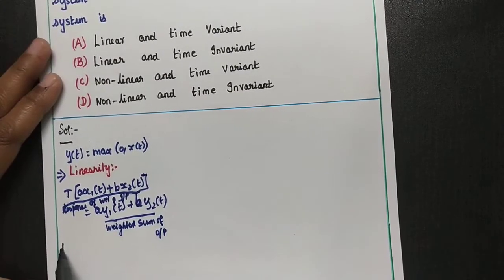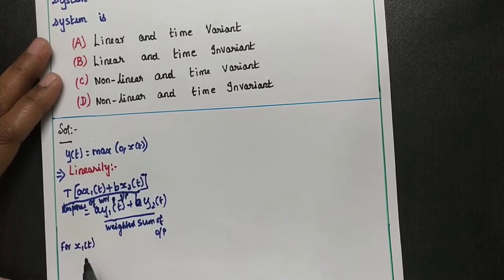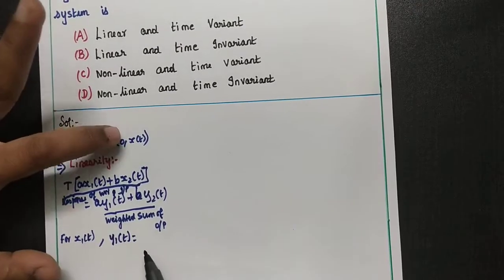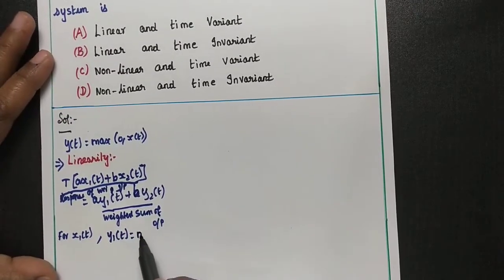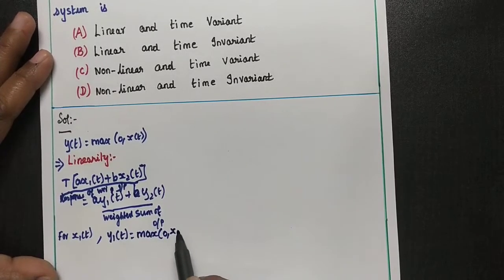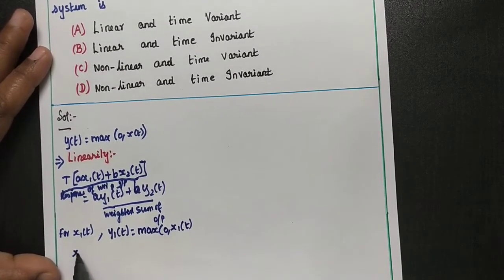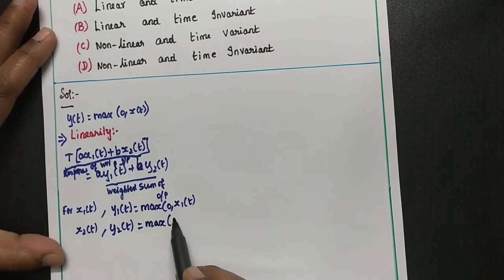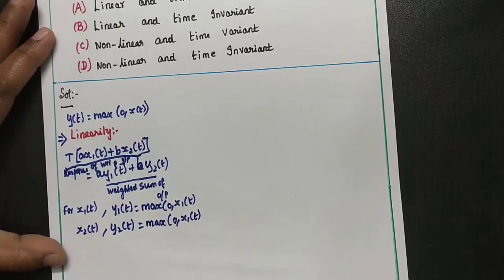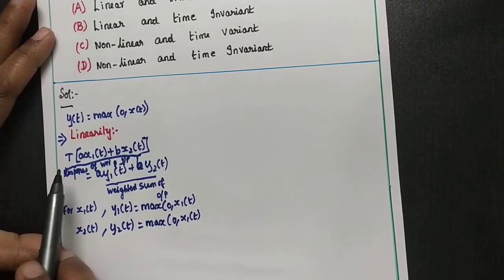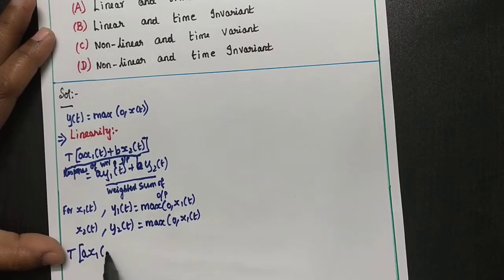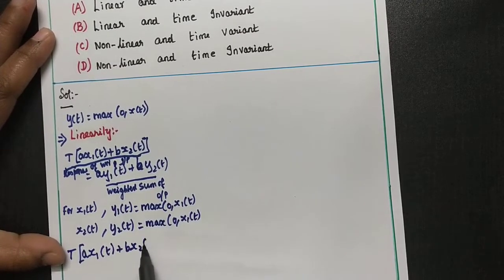First let us find for x1 of t. If x1 of t is the input, then the output will be y1 of t equals maximum of 0, x1 of t, replacing x of t with x1 of t. And for x2 of t, the output will be y2 of t equals maximum of 0, x2 of t. Now first we will find the response of the weighted sum of input signals.